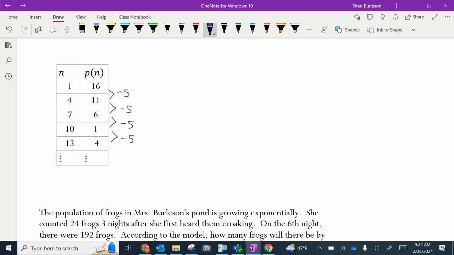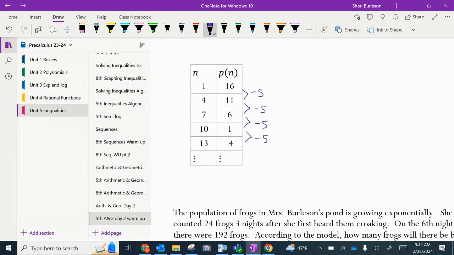Did we see that? This is enough that I can say the rates of change over equal length input value intervals are constant. Remember that language, right?